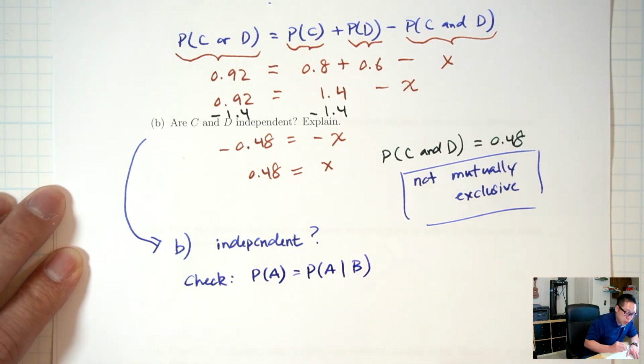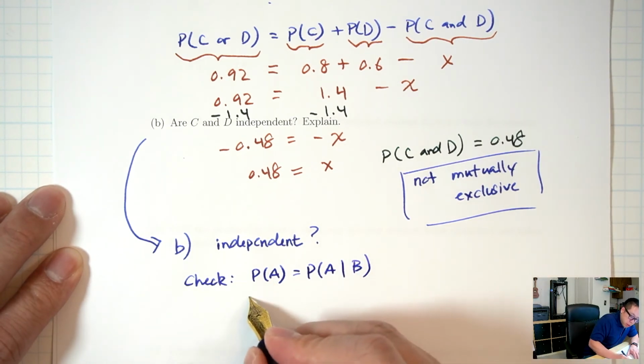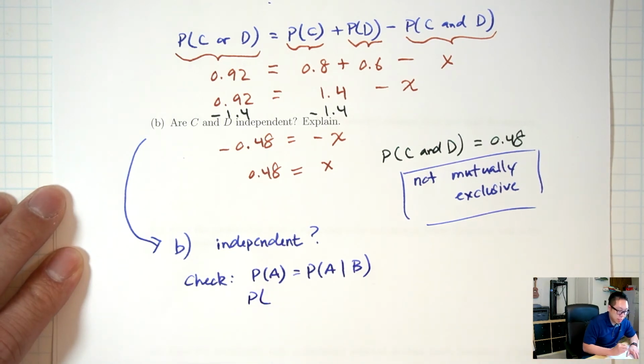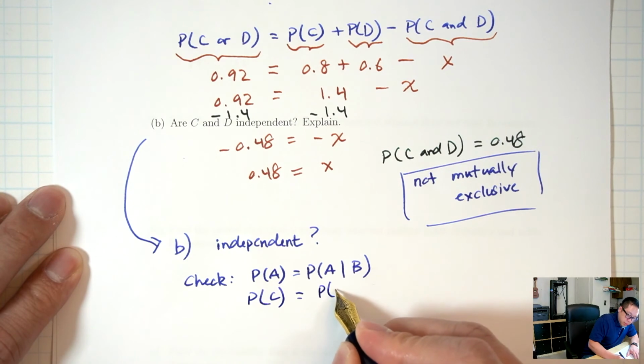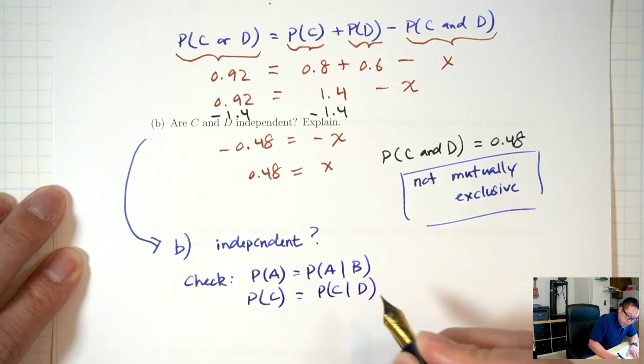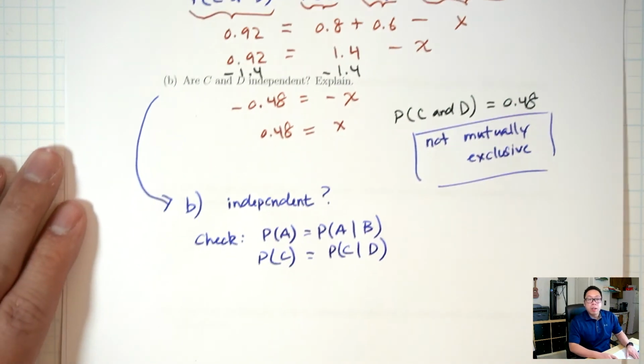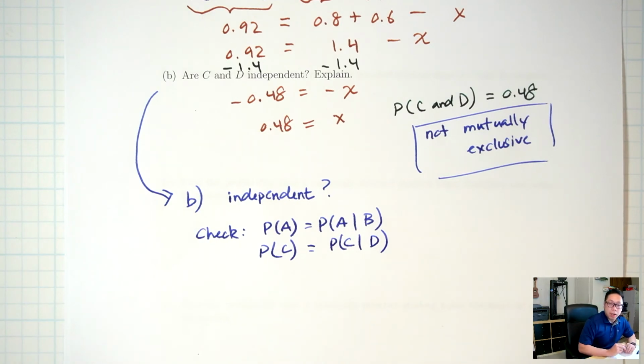And then let me also rewrite it with our letters for this question. So we're using C's and D's. So it's probability of C equals probability of C given D. Okay. Check left side, check right side, and check if they're equal.